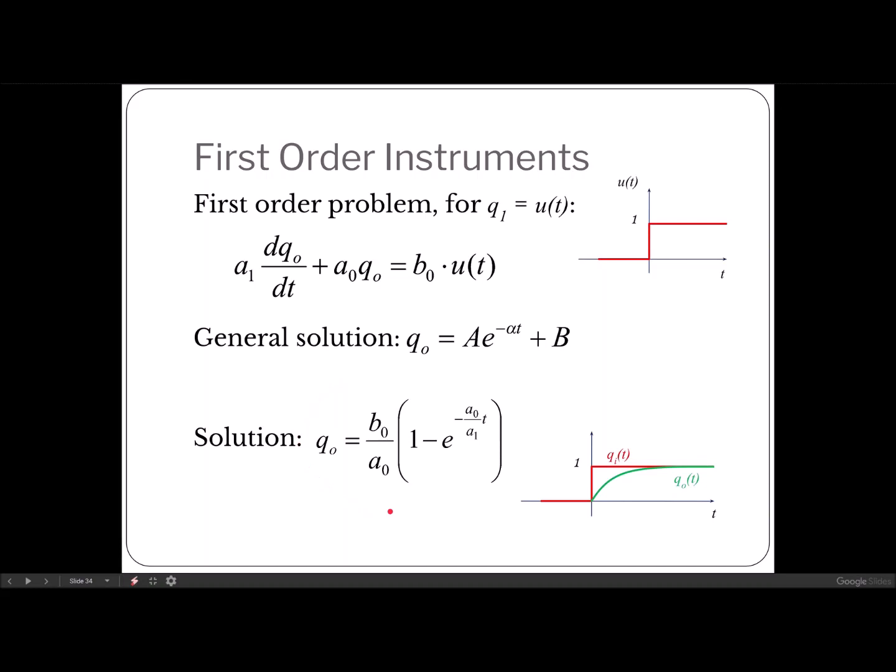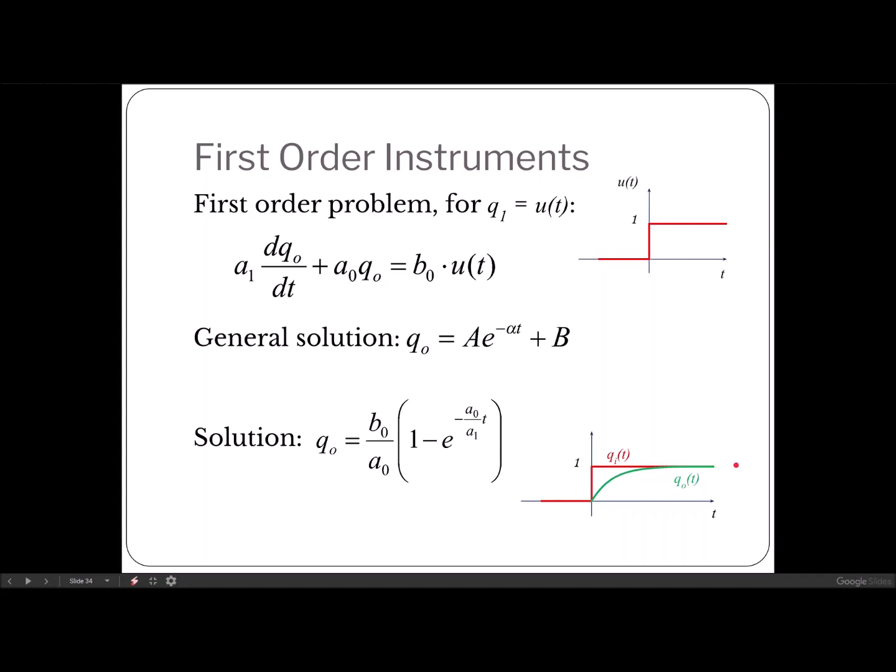So okay, what does it mean? It means when you are measuring something with a first order instrument, when the input is like this, the output will show like this, the green one.